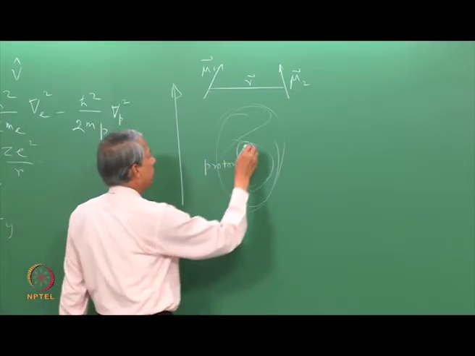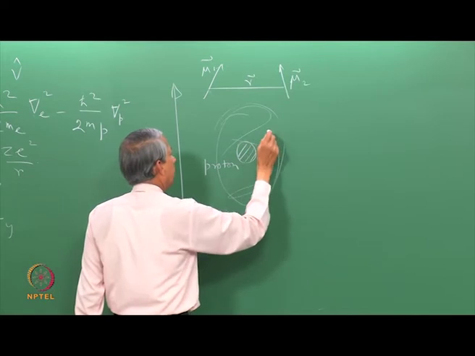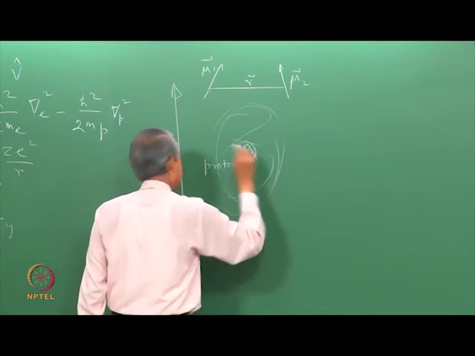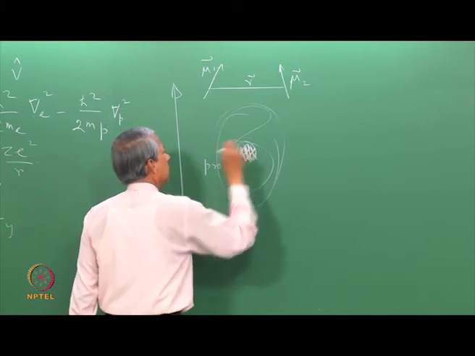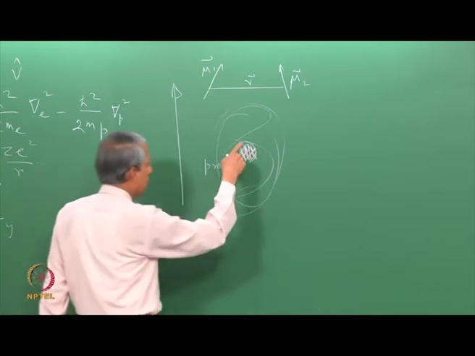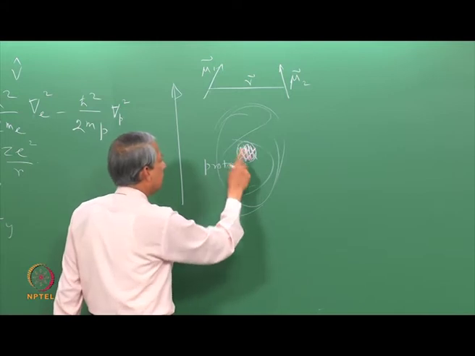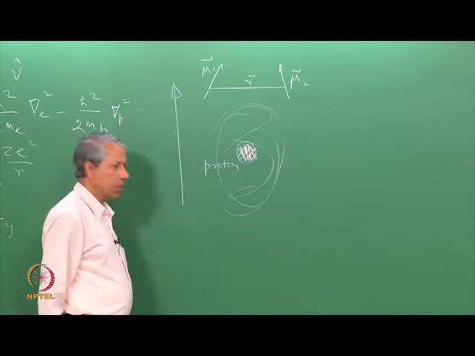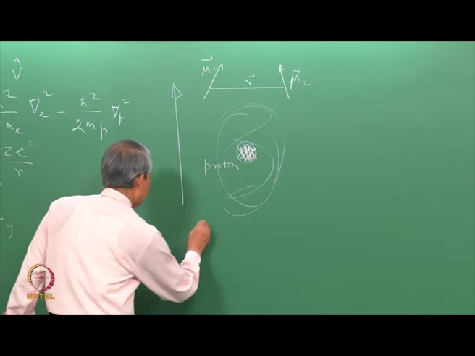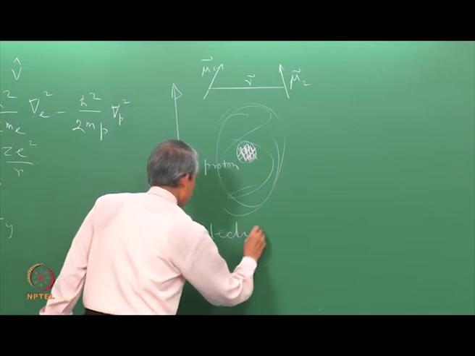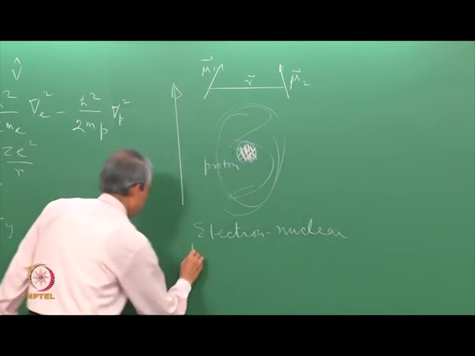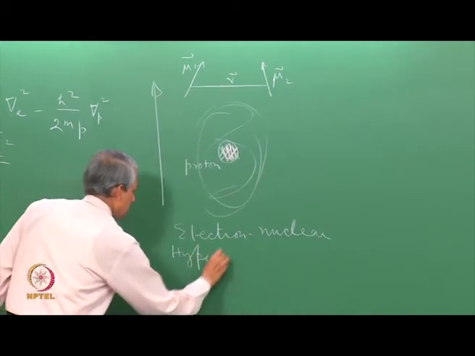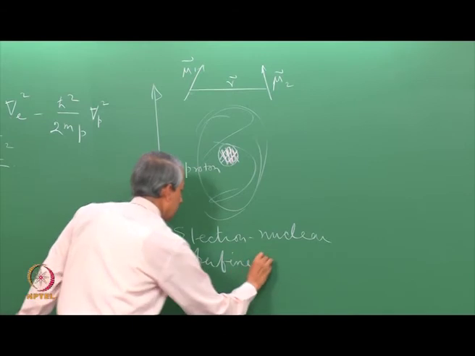Now, if there is some finite probability that the electron actually occupies this place, this is what I call sitting on the proton, then that interaction is a special type of interaction, that is called the electron nuclear hyperfine interaction.